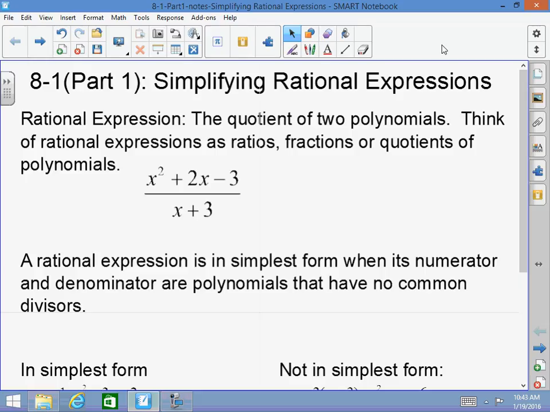Whenever we have rational expressions, we want to express them in simplest form. A rational expression in simplest form occurs when its numerator and denominator are polynomials that have no common divisors. When we can simplify those polynomials no further, that's when we have a rational expression that is simplified completely.